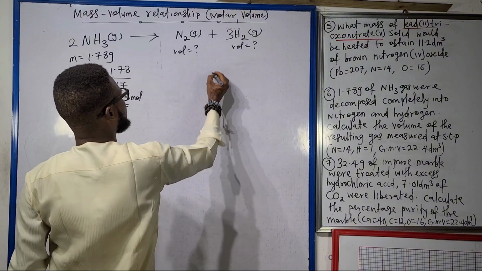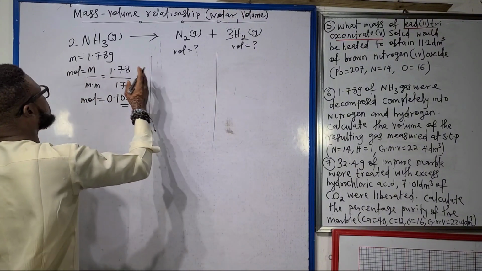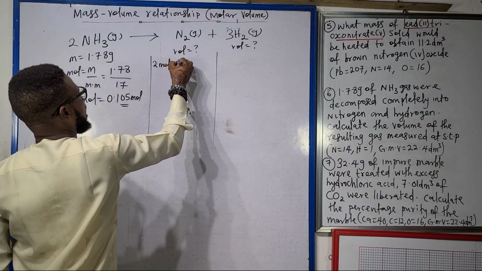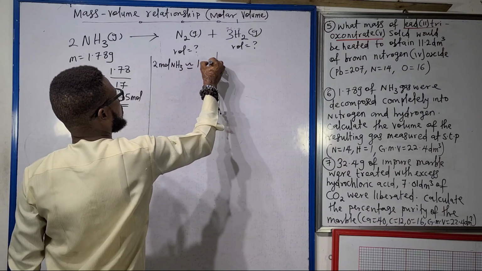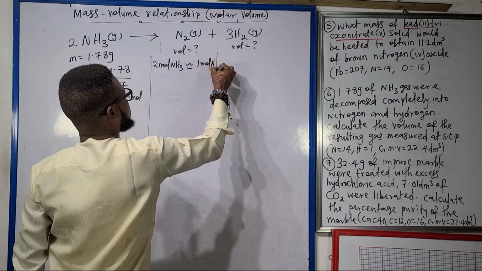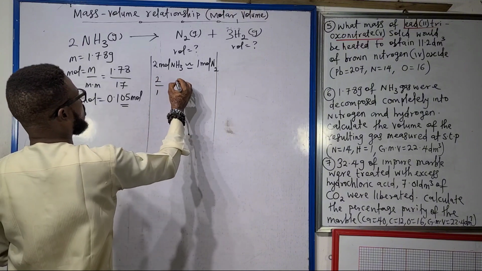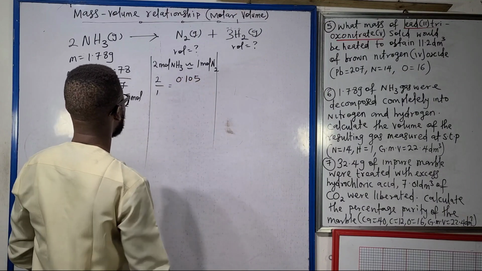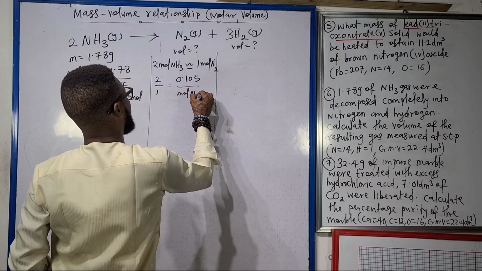Dealing with the nitrogen first. Let me deal with the nitrogen this way. This means 2 mole ammonia is equivalent to 1 mole nitrogen. So 2 over 1 will mean, what is the mole here? 0.105 divided by mole of nitrogen.